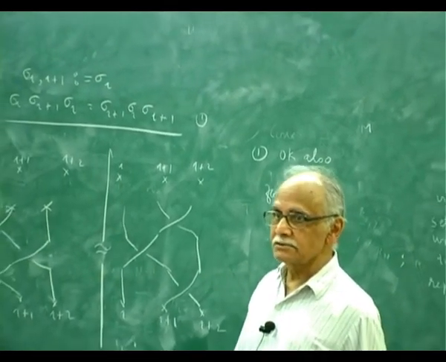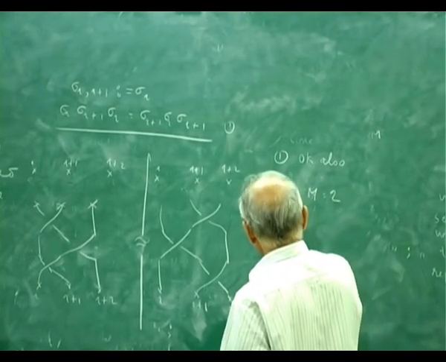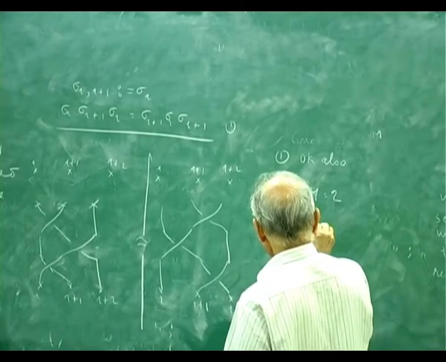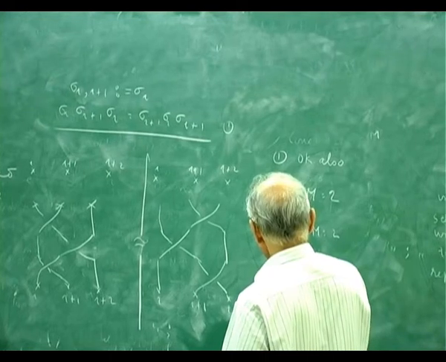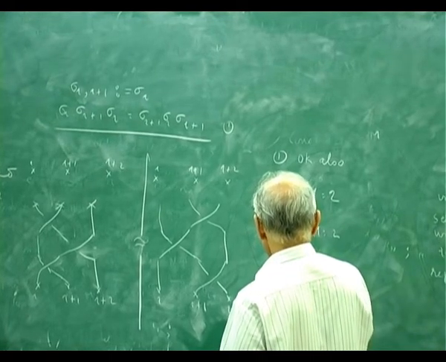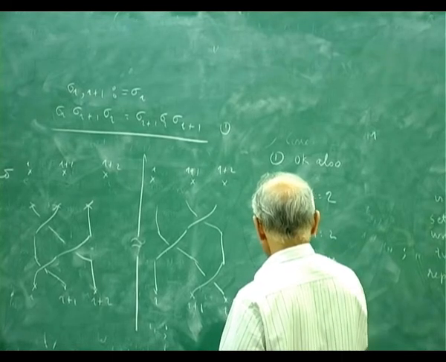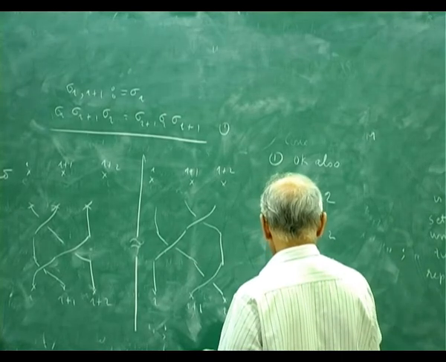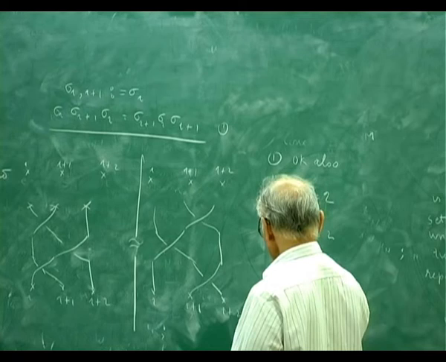I will get a knot. So for n equal to 2, which is 2 dimensions, in m equal to 2, if we join top with bottom, we get a knot.